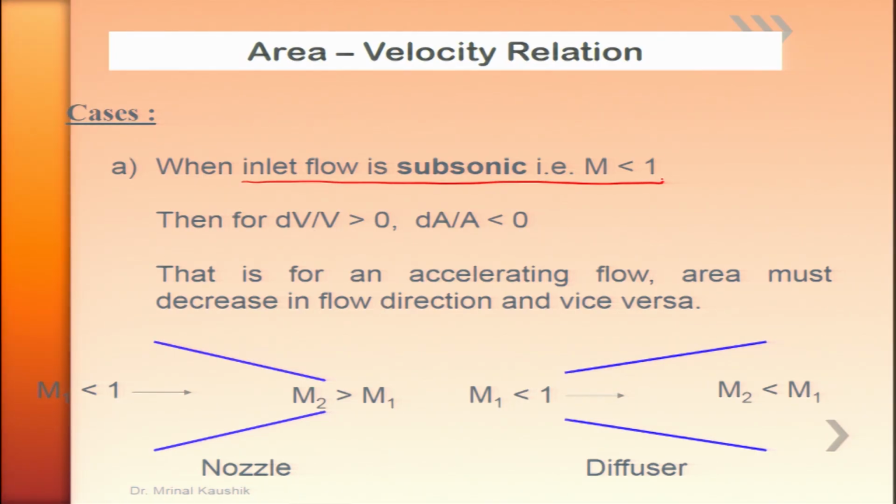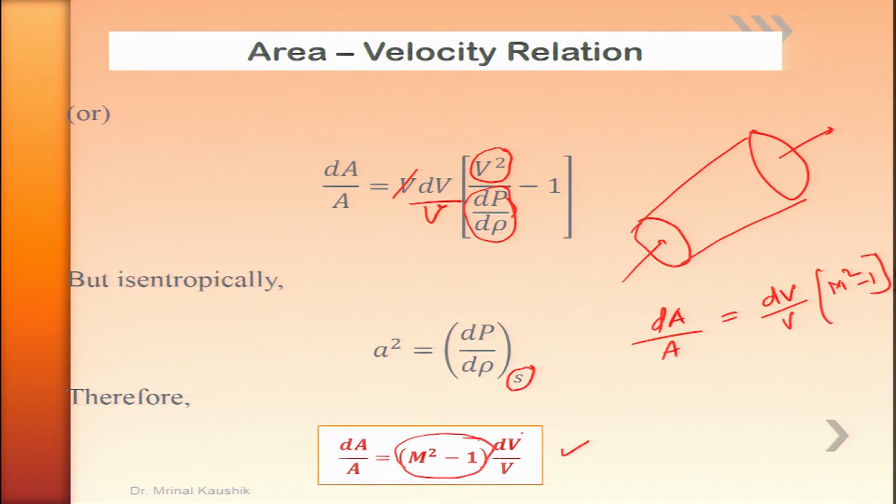In this case, suppose dV by V is positive, that is you are interested in increasing the speed. Then since M is less than 1, dA by A and dV by V essentially have different signs. For a positive dV by V, dA by A is negative.